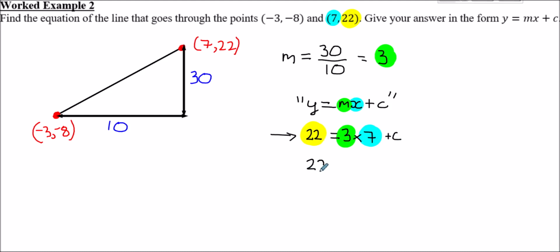So 22 equals 3 times 7, which is 21, plus c. So 21 plus what gives us 22? Fairly obviously c must be 1. So we worked out the gradient, and we know now c. So therefore the equation of this line is y equals 3x plus c, in other words plus 1, because c is 1.